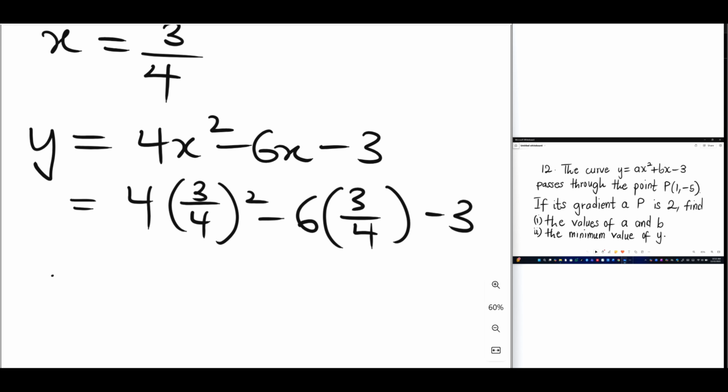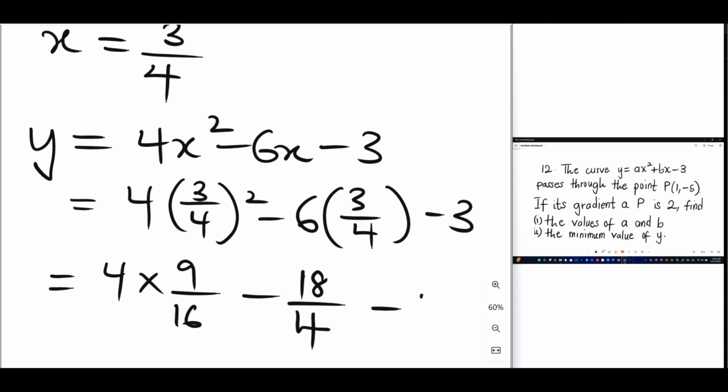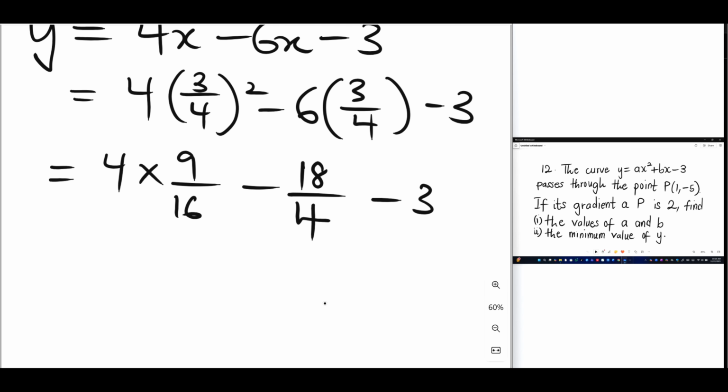All right. Then we have everything. So we have 4 multiplying 9 divided by 16. All right. Then here too we have the numerator to be 18 divided by 4. Then minus 3. So here we have 4 divided by 16, we get 4. 4 divided by 4, we get 1.